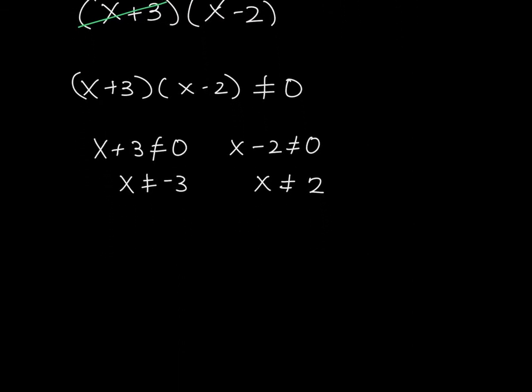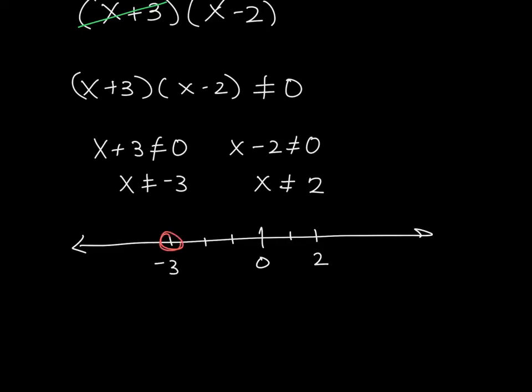Now, how do you write that in interval notation? Again, I always like to go back to the number line. That means everywhere on my number line, except for 2 and except for -3, is okay. So -3 gets excluded and 2 gets excluded, but I have the entire rest of that number line to deal with.